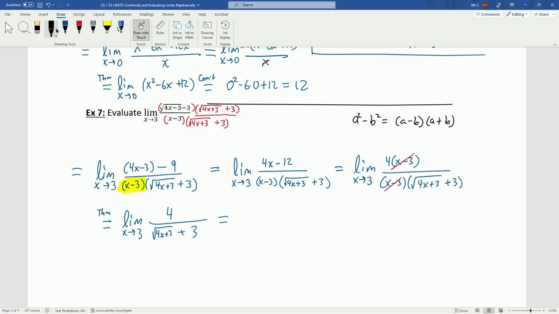There's a plus there that should not have been there. I didn't let it affect most of my work, but that's not right. That should be 4x minus 3 plus 3. The switch should only occur here because my a term is the square root of 4x minus 3. Okay, let's see.